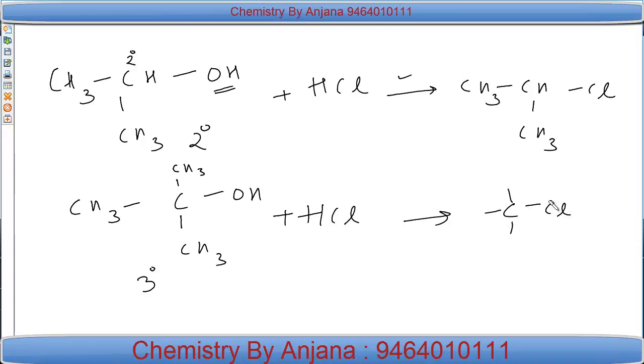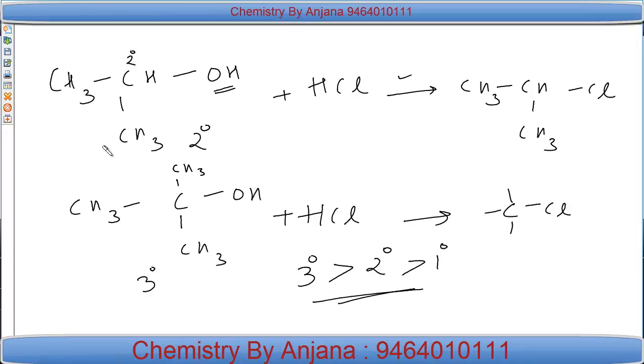So in this way, I'm preparing primary, secondary as well as tertiary alkyl halides by using primary, secondary and tertiary alcohols respectively. If I compare all three alcohols undergoing this reaction, the reactivity or the ease is: tertiary reacts fastest, then secondary and then primary. So the ease of this reaction, alcohol with Lucas reagent resulting in alkyl halide, follows this order.